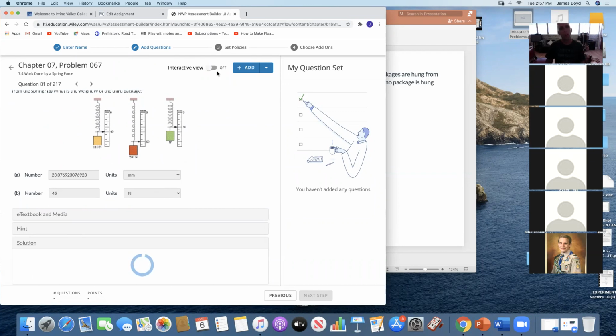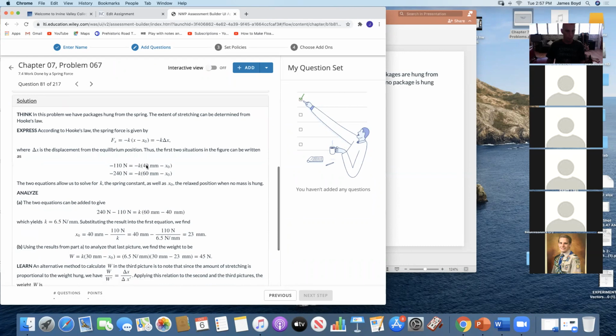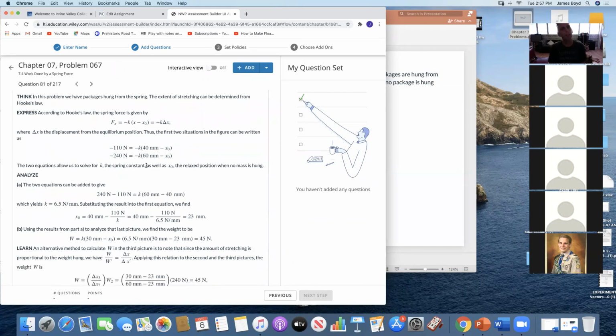Come on. Okay. So we have, oh, right. So they do basically find k in this problem to get it for 6.5.